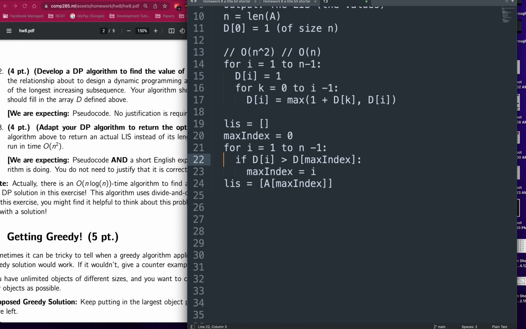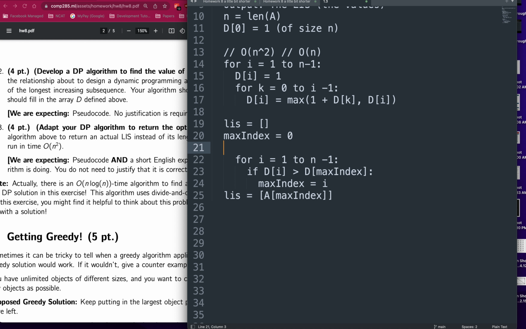And then essentially what you do is you repeat this process, but now instead of your ending being n minus 1, your ending is going to be the max index, because you're looking at everything that came before you and you're trying to find the biggest value, right? So essentially this is going to be nested in a for loop, right? So we're going to have ending start at n minus 1.